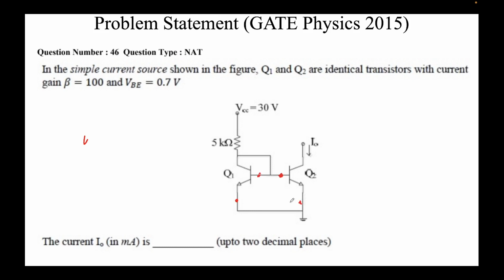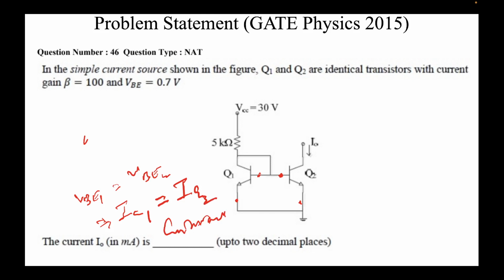So this means VBE1 equals VBE2. This implies IC1 is equal to IC2, and this is what we call a simple current source, or a current mirror.